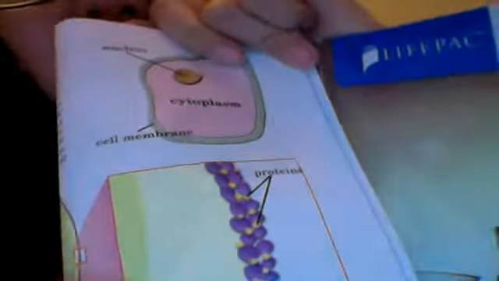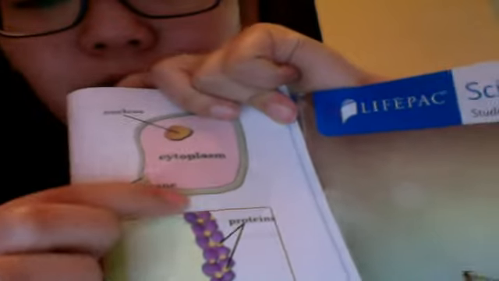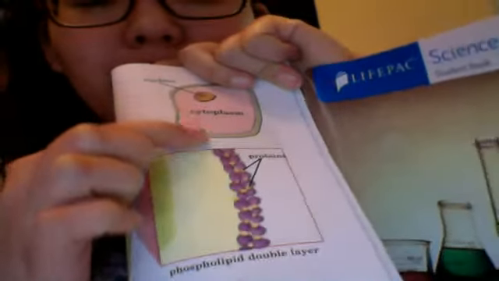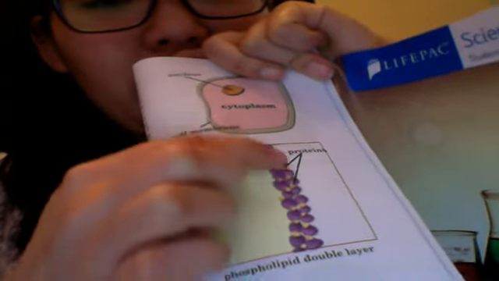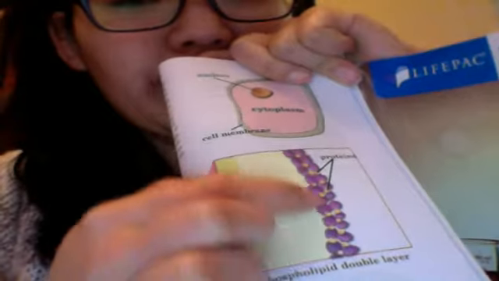But there are little pictures right here, and these small little yellow dotted ones are proteins, and they're really cool. They let in and let out whatever they need.